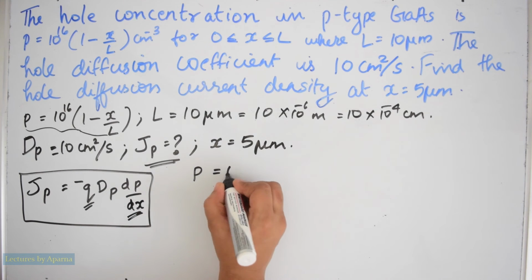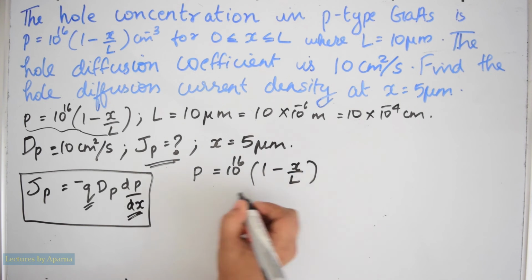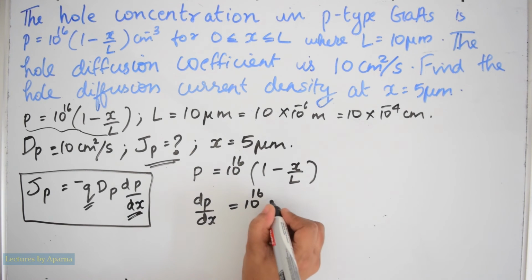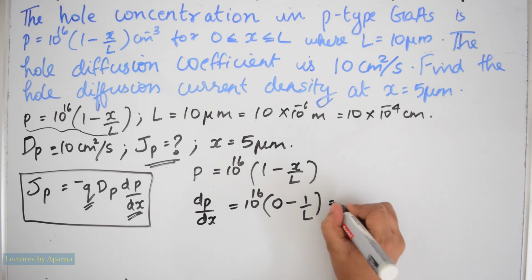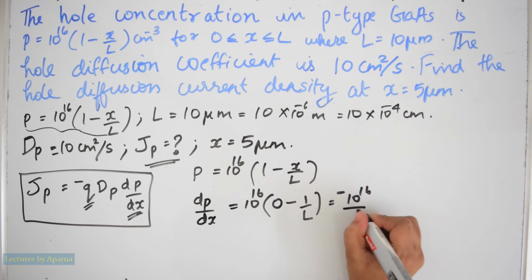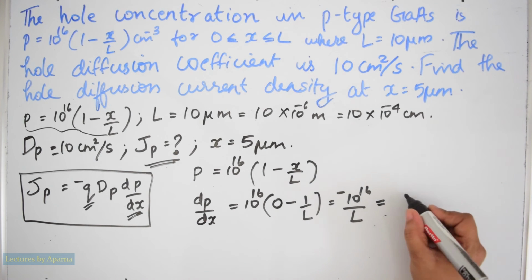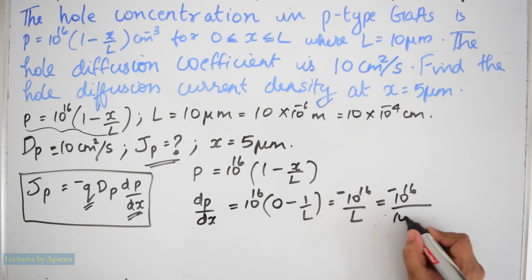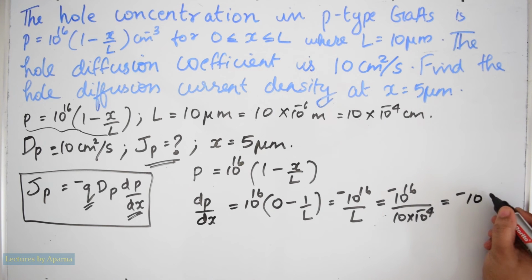P is equal to 10 raised to 16 into (1 minus x by L). dP by dx is equal to 10 raised to 16 into (0 minus 1 by L), or this is equal to minus 10 raised to 16 by L, substituting the value of L, minus 10 raised to 16 by 10 into 10 raised to minus 4, which will be equal to minus 10 raised to 19.